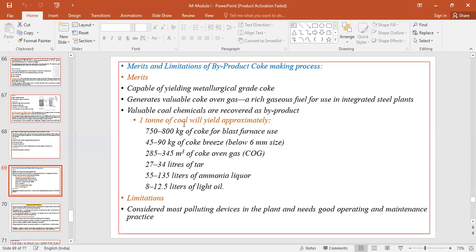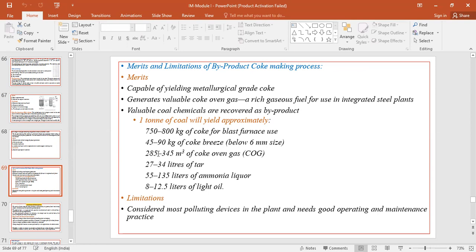So for 1 ton of coal, we'll get around 800 kg of coke, which we can use in the blast furnace as a fuel, and around 45 to 90 kg of coke breeze. This is below 6 mm size coke. And around 85 to 345 cubic meters of oven gas can be collected.